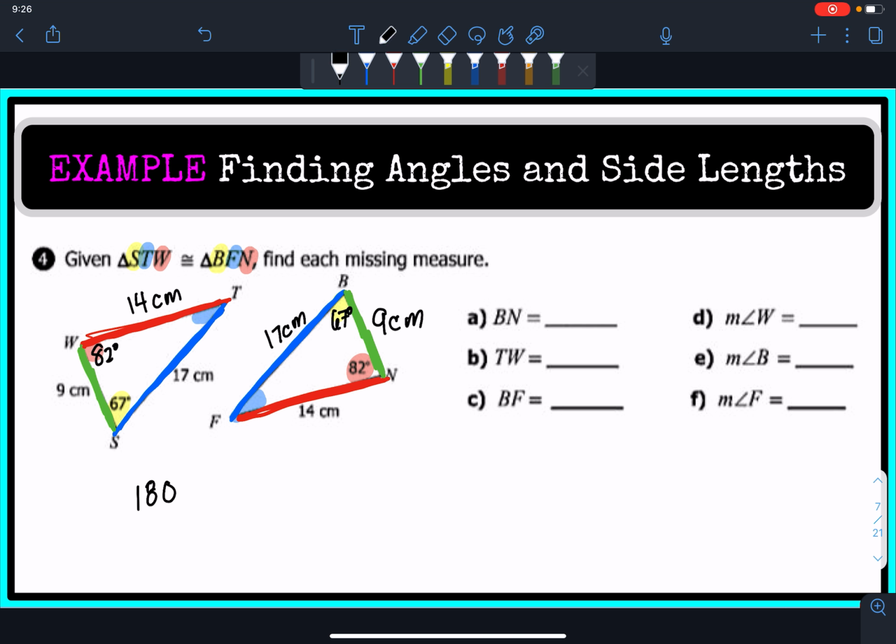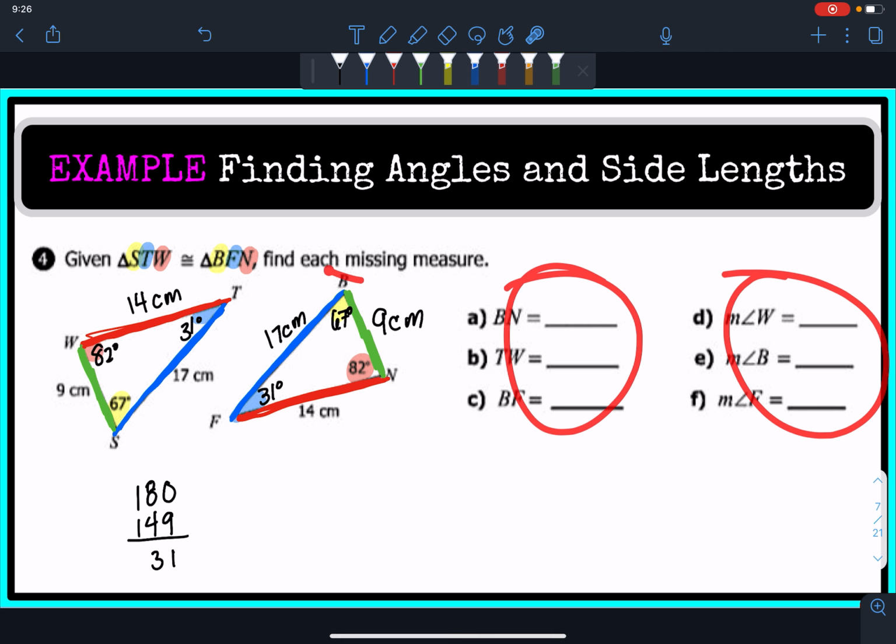So subtracting 82 and 67 is the same thing as subtracting 149, which is equal to 31 degrees. So this angle measurement is 31, which means this one is also going to be 31, because again, they are congruent.